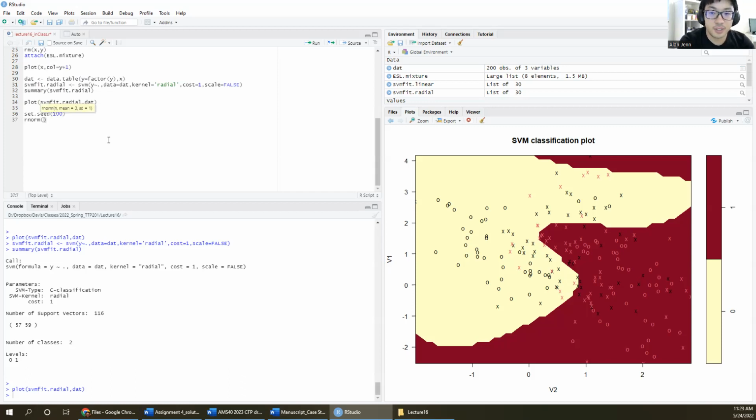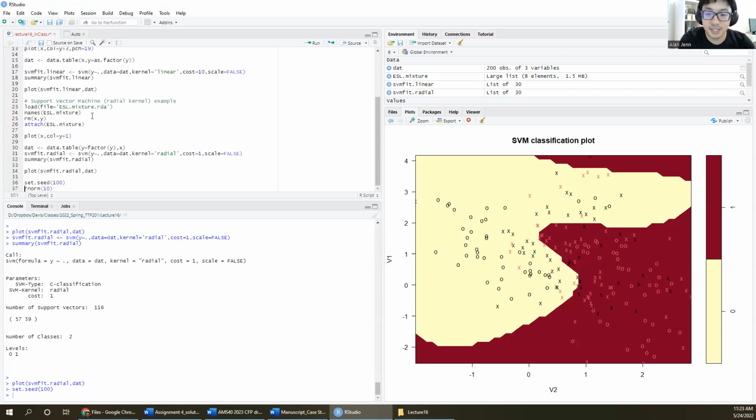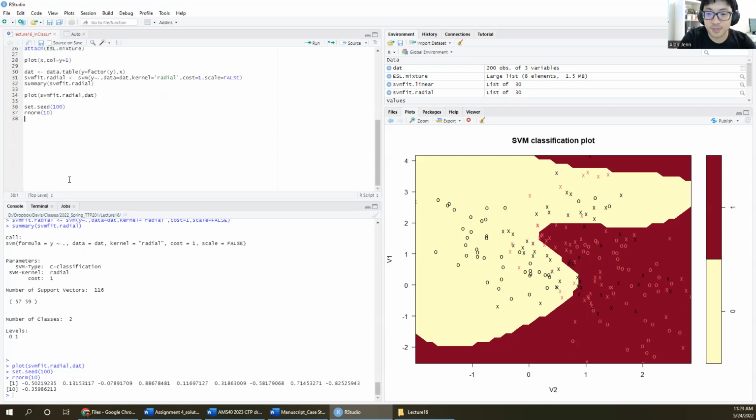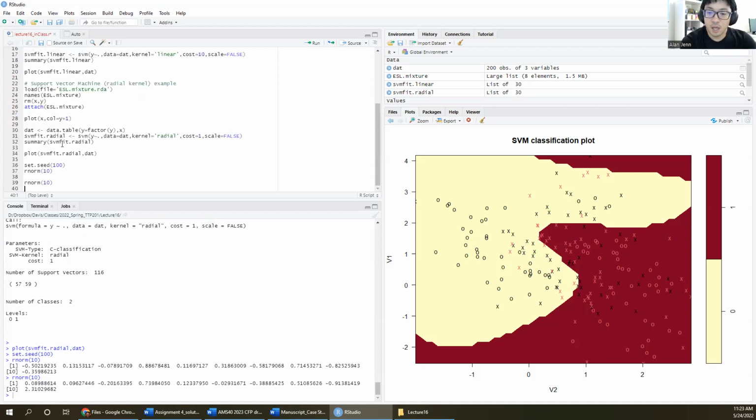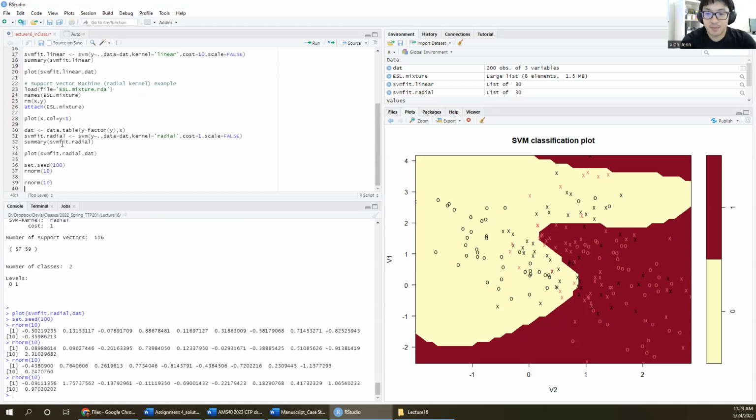So if I do this, set seed, and I want to do 10 random draws, you'll see the numbers that are set over here. And the next time I do it, it's going to be random again.